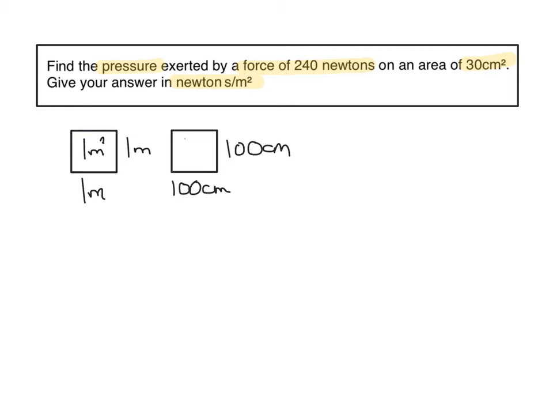And that means that 100 times 100 is 1 followed by 1, 2, 3, 4 zeros. So 1 metre squared is actually 10,000 centimetres squared.